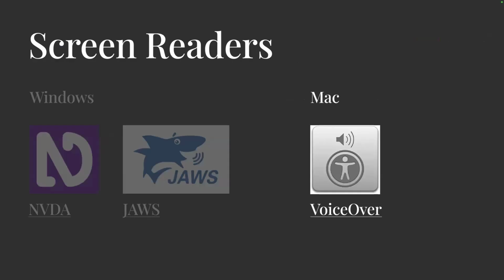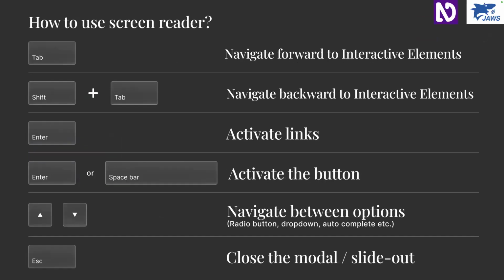Now let's talk about Apple's built-in screen reader, VoiceOver. It's available on all macOS and iOS devices. However, it is more complicated than JAWS and NVDA. In JAWS and NVDA, we can use Tab to navigate.